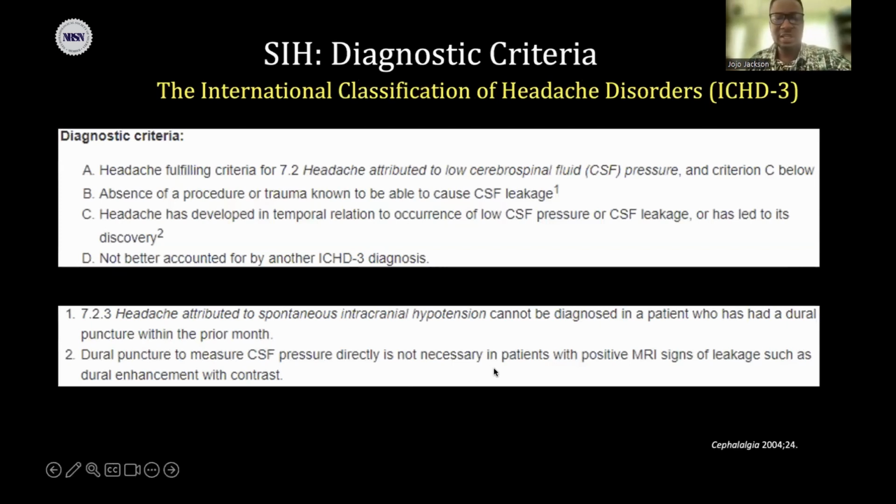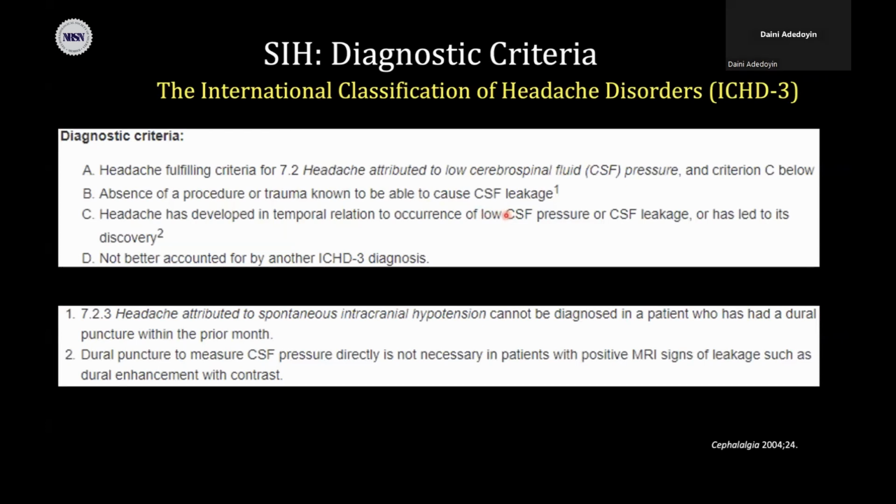According to the International Classification of Headache Disorders, you have a diagnosis of spontaneous intracranial hypotension attributed to low cerebrospinal fluid pressure, and this is the absence of any procedure or trauma attributable to the cause of the CSF leakage. And the headache has developed as a result of the low CSF pressure.